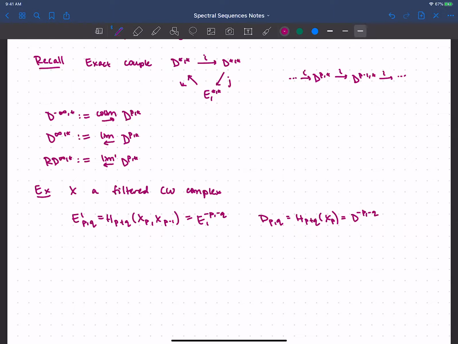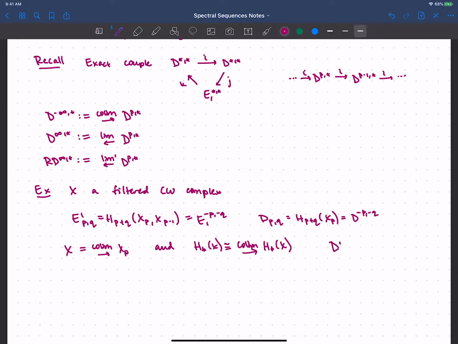well, okay, let me first say that X is, of course, the colimit of the filtered pieces, and so the homology, because colimit is exact, is the colimit of the homologies of the filtered pieces. Okay, so that works out nicely.